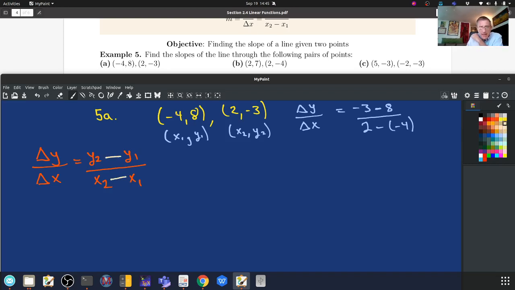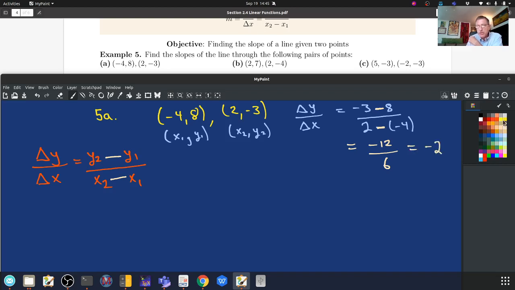So right here I have -4. It has to bring that minus sign with it. It cannot use the existing minus sign that is inherent in the formula. So -3 minus 8 is -12. 2 minus a -4 is 2 plus 4. It's -12 divided by 6, which is -2.